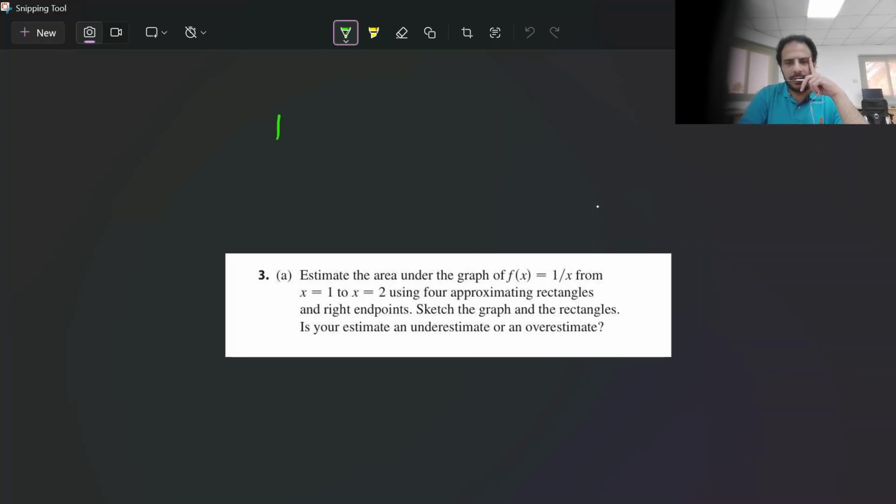So delta x equals, here this is called a, this is called b, okay? Delta x equals b minus a over the number of rectangles. We have 4, so over 4. Then 2 minus 1 over 4 equals 1 over 4.